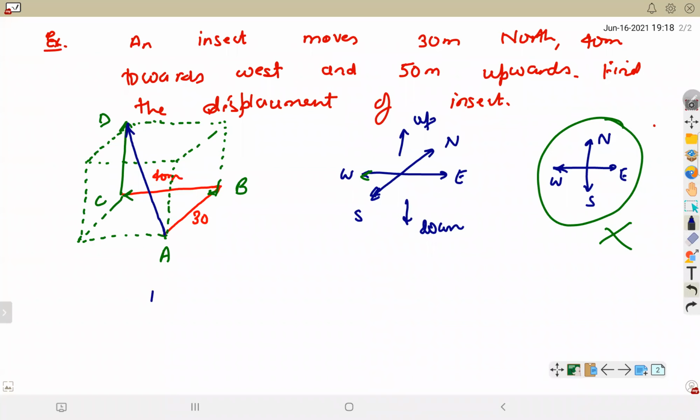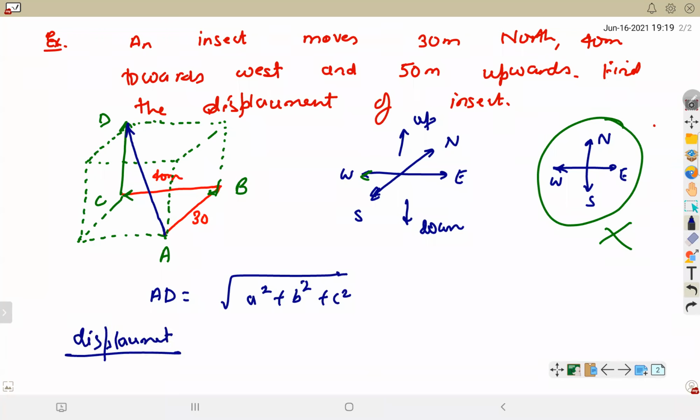What is the length of the body diagonal? Formula: root of A square plus B square plus C square for a cuboid. Understood?